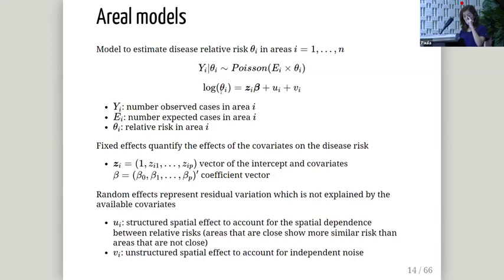And then we say that the logarithm of the risk is equal to some covariates plus a random effect. We put a fixed effects part to quantify the effects of the covariates on the disease risk, and then we put random effects to model variability that cannot be explained by the covariates.